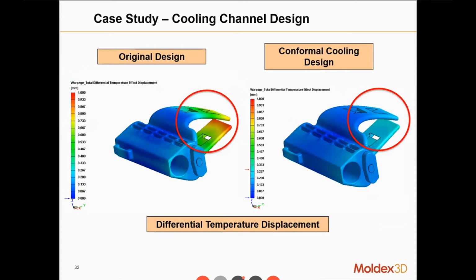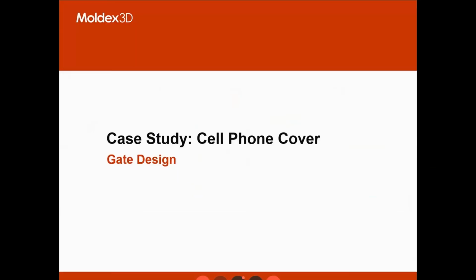So after modifying the cooling design, which is using the conformal cooling design, they improved the warpage largely, by 17% of warpage. So by changing the cooling channel design, it will truly help to improve the warpage.